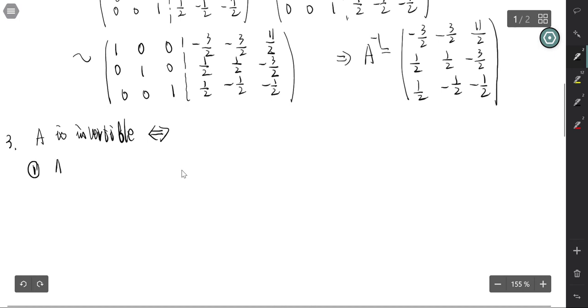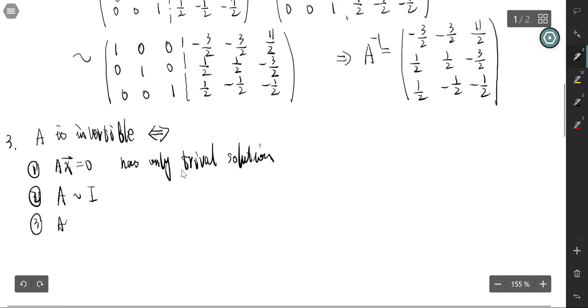First one is Ax equals 0 has only trivial solution. The second one, by the computation before, we know that A can be reduced to the identity. The third one is Ax equals B has unique solution.